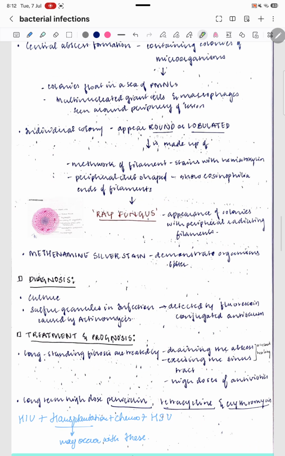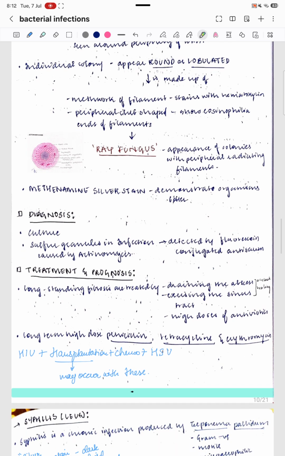Now methenamine silver stain is used to demonstrate this bacteria. Coming to the diagnosis, we first collect a swab, then that swab is cultured. After culture, you see sulfur granules in the microscope, which detects actinomycosis.